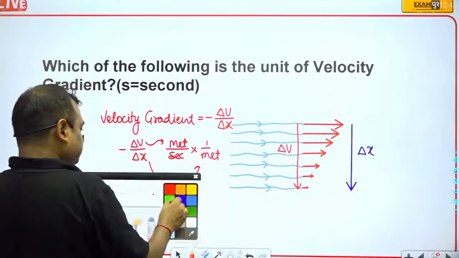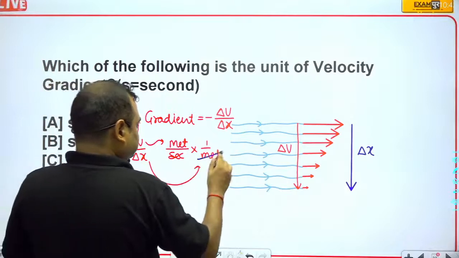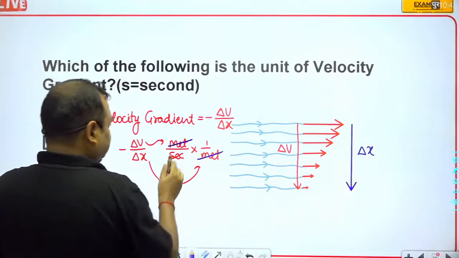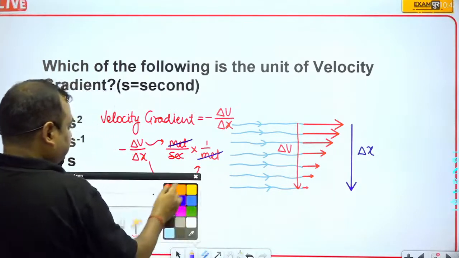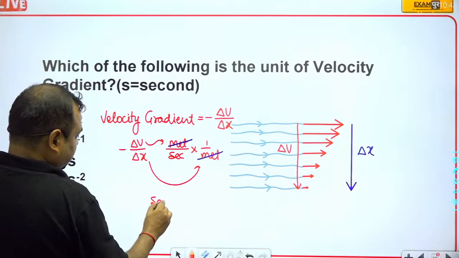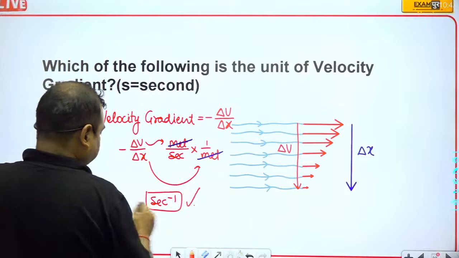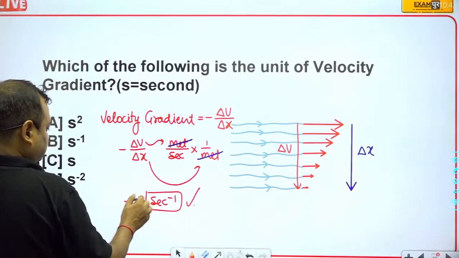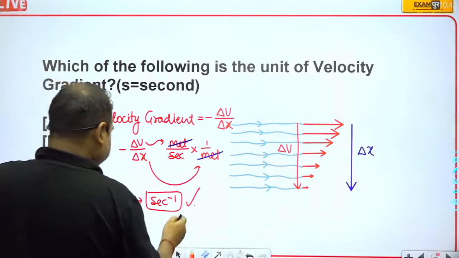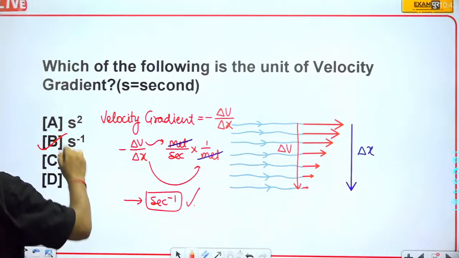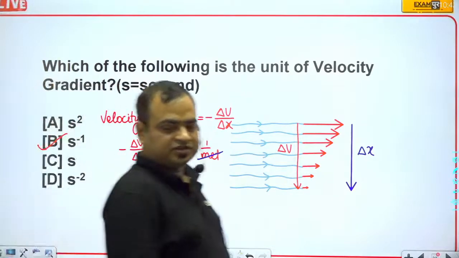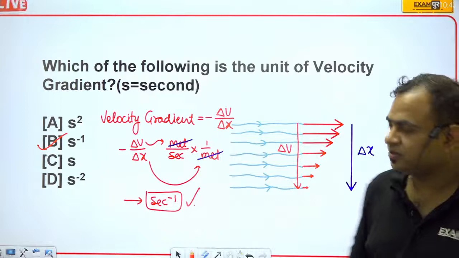Now you can see that this meter and this meter will get cancelled, and the second will get converted into second to the power minus 1. So here option B will be the correct answer.